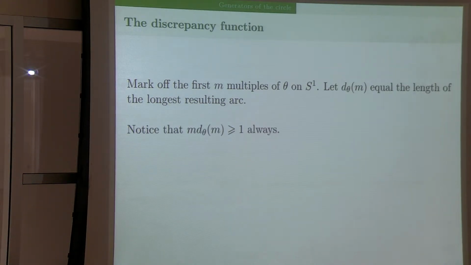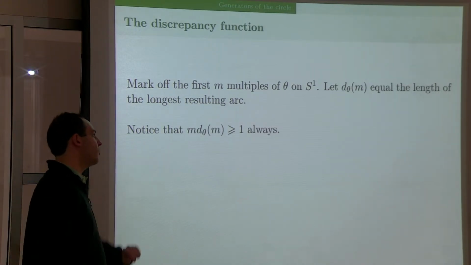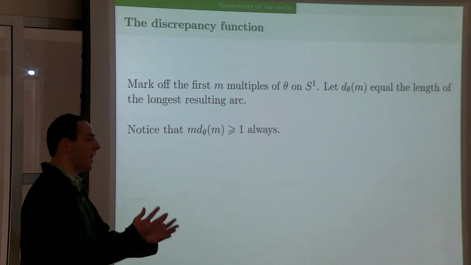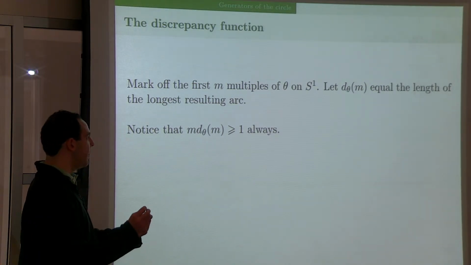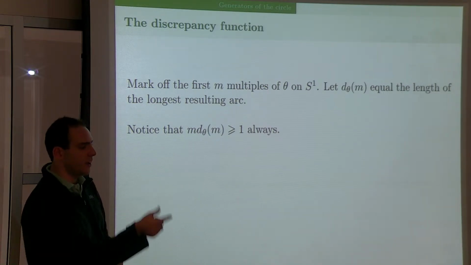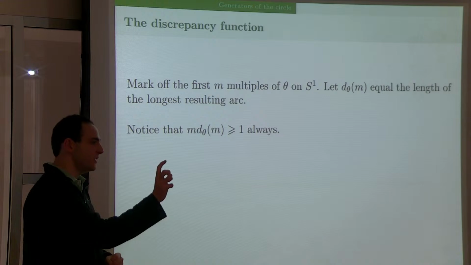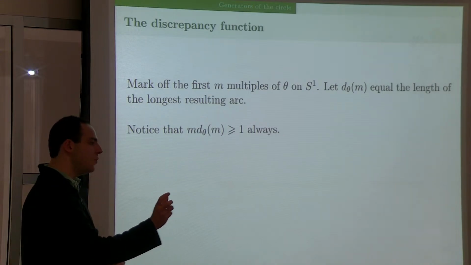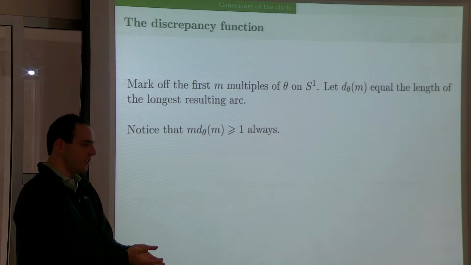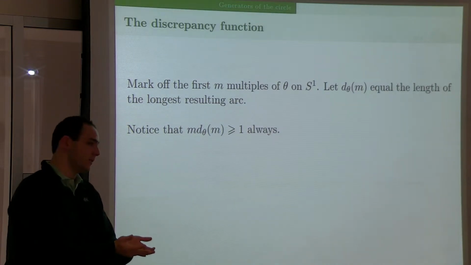And so this is always going to be bigger than 1, right? Because we've got all these arcs, we've got exactly m arcs. And the longest one, if you replicate it out m times, is at least as big as every other arc. But the total sum of those arcs has to be 1, because they just are a partition of the circle.